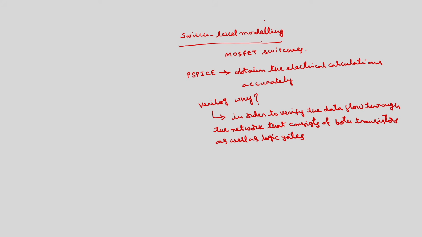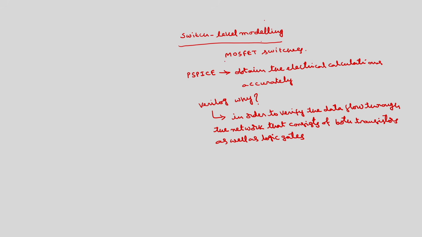If the output of some transistor circuit is connected to some logic circuit, then it is a network consisting of both the transistors as well as the logic gates. In order to verify the data flow through such networks, normally we will use Verilog coding. Okay.